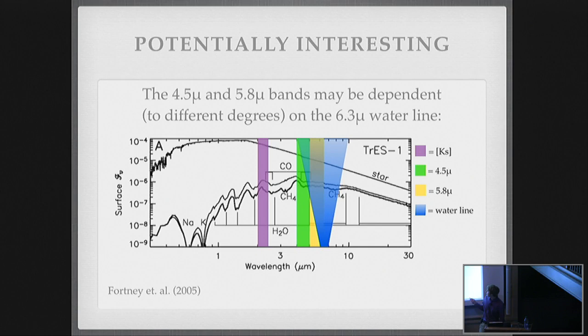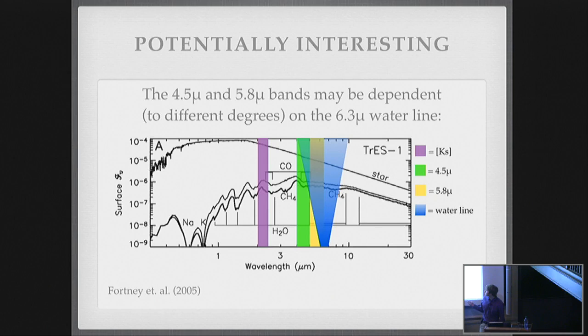However, you also have a positive correlation between 4.5 microns and 5.8 microns. Now, you would expect that if the 5.8 micron band is deeper inside this absorption line caused by water, you would also have the same type of correlation. And yet you see an inverse correlation you wouldn't expect.